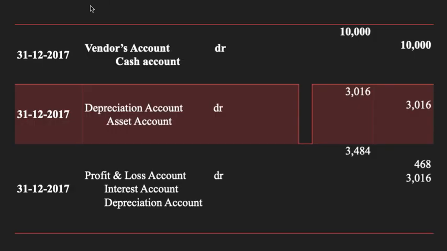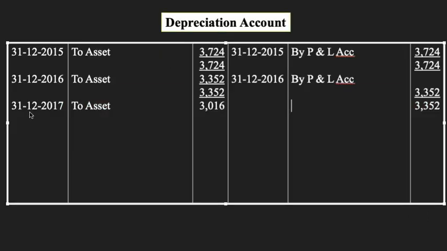Now if we see on 31st 12 2017, we have depreciation account to asset account. Here the value is how much? 3016 rupees. So we are going to make the record of the same thing. So we are going to write down 31st 12 2017 to asset 3016 rupees, and here we are going to make the record on the same date, that is 31st 12 2017 by profit and loss account, right?